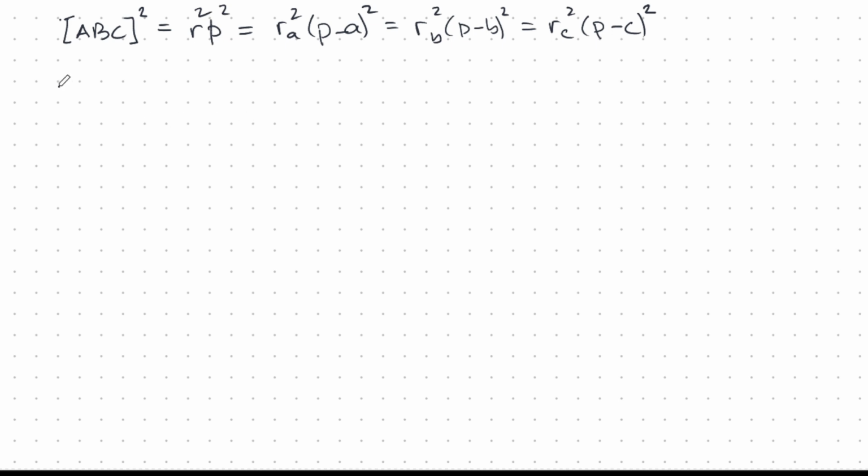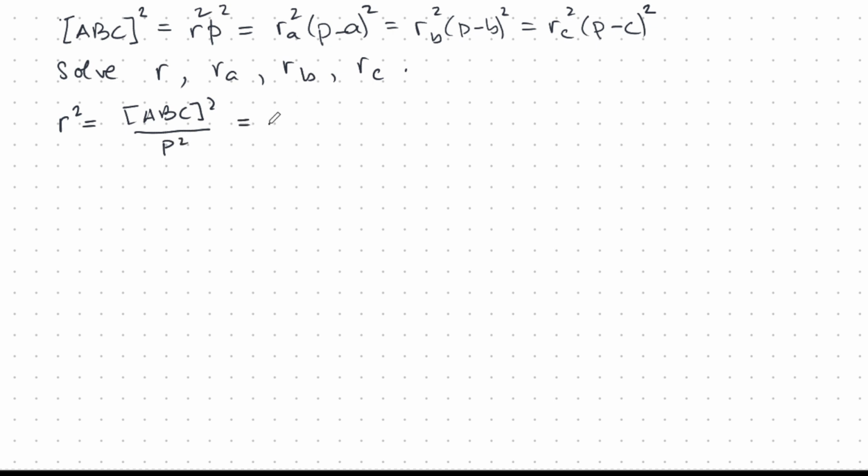Okay, and let's solve. Our strategy will be to solve for all these things, for r, r_a, r_b, and r_c, and see what we get. So we'll solve in terms of a, b, c, and the area squared, and the semi-perimeter squared. So let's start. So r squared is area squared over p squared, yeah.